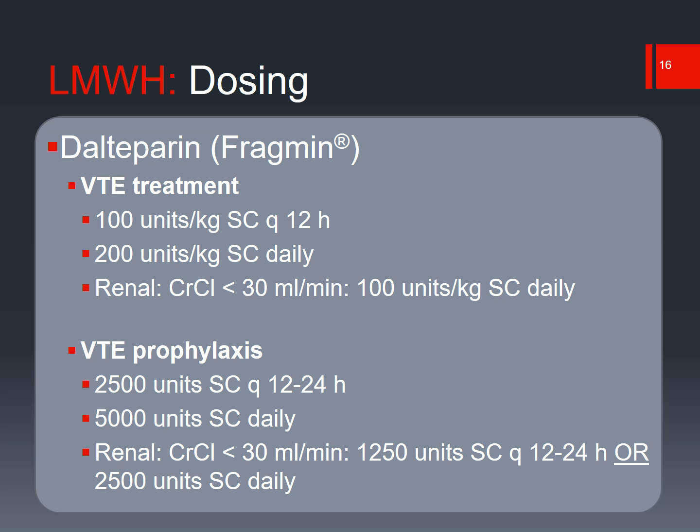Next, we have dalteparin, branded as Fragmin. Fragmin is available for VTE treatment as well as prophylaxis. You will notice that this is measured in units rather than milligrams. So dalteparin Fragmin is measured in units. We have weight-based dosing for VTE treatment and fixed dosing for VTE prophylaxis, with renal adjustments required also.